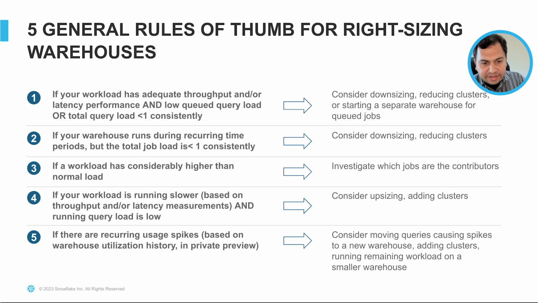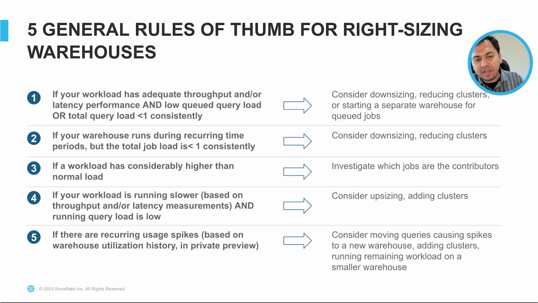I won't get into the details of each one, but the high level idea is if your utilization is low, below 50%, and you're not seeing queuing, that is a useful signal to downsize your warehouse by a certain size.